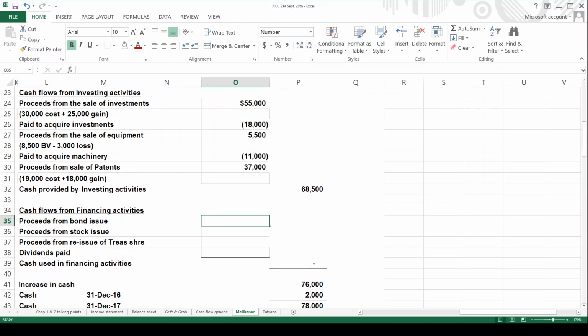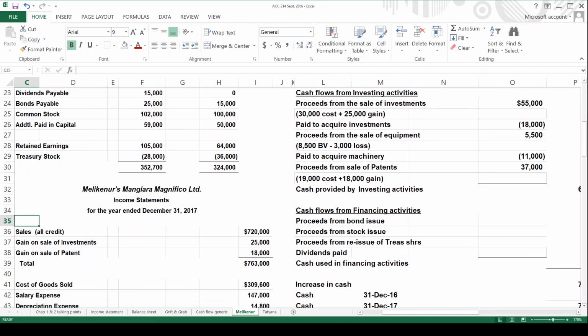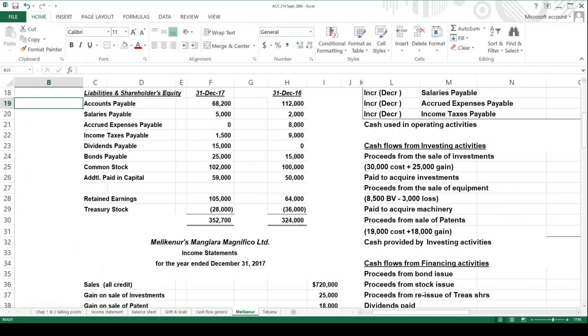Okay. Next on the hit parade, financing activities. All right. So we'll look at our long-term debt and stockholders' equity, see what we can figure out. Bonds payable goes from 15 to 25. So this is a rare problem when we're actually issuing bonds. So we issued $10,000 worth of bonds.